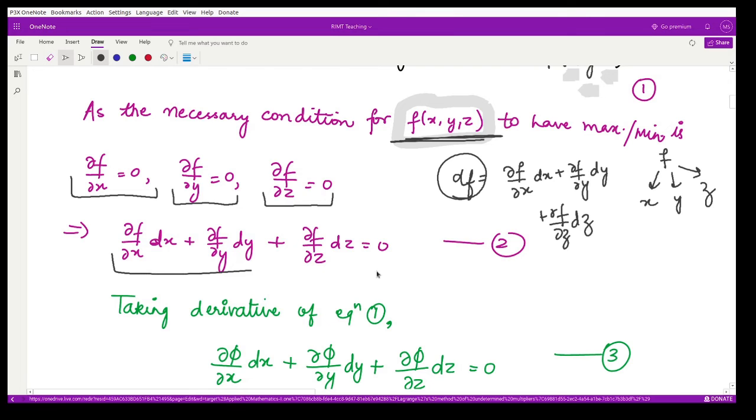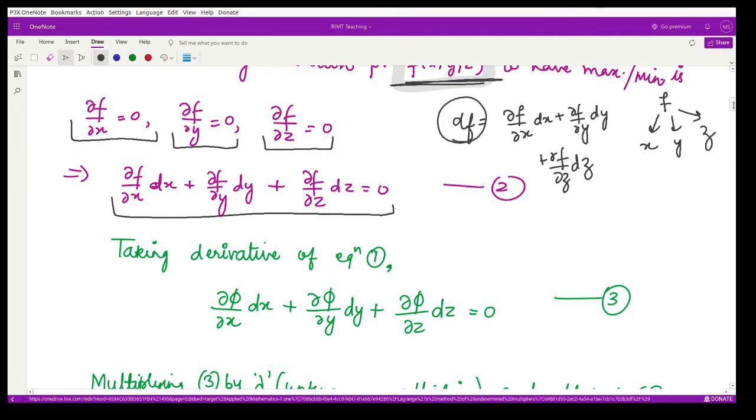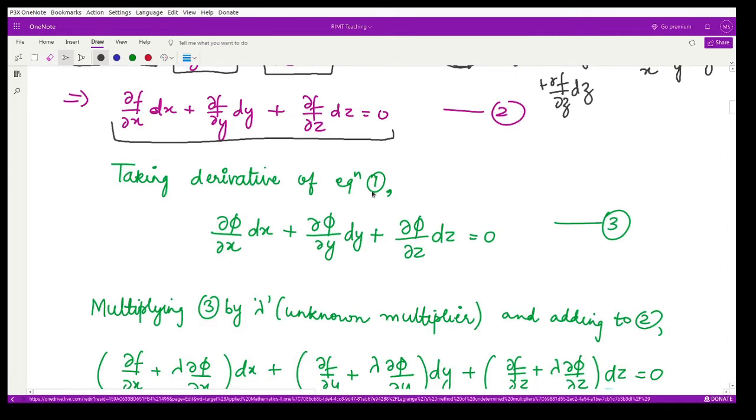So we have this condition that del f by del x dx plus del f by del y dy plus del f by del z dz is equal to 0. So let's call this equation number 1. Equation number 2 is the given constraint equation. Now we can take the derivative of it.